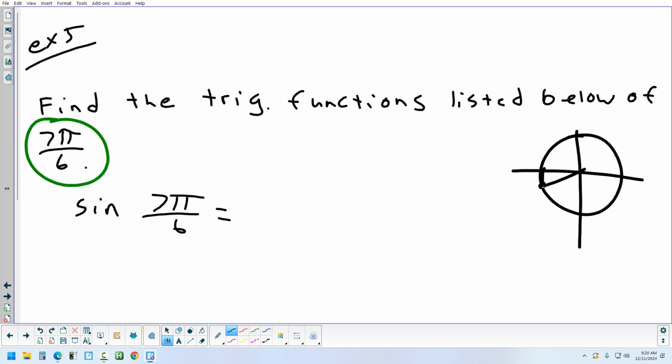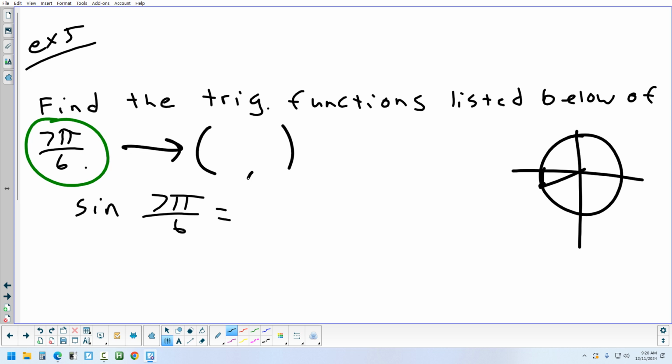What is going to be the coordinate for 210 degrees, which is 7 pi over 6? Yep, negative 1/2. Wait, is that 1? I like the negative. We'll leave it at that. But what?